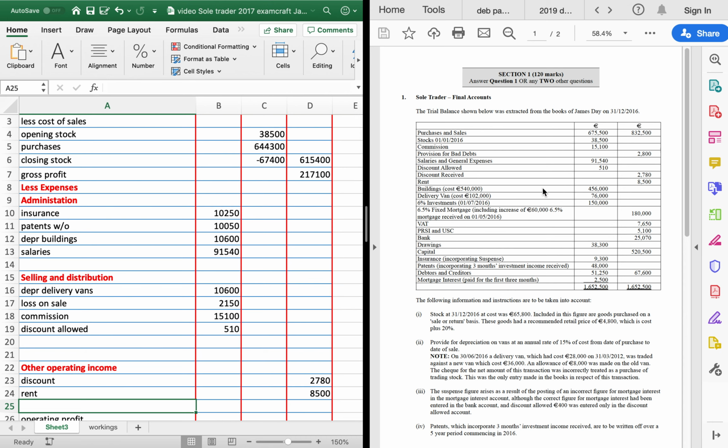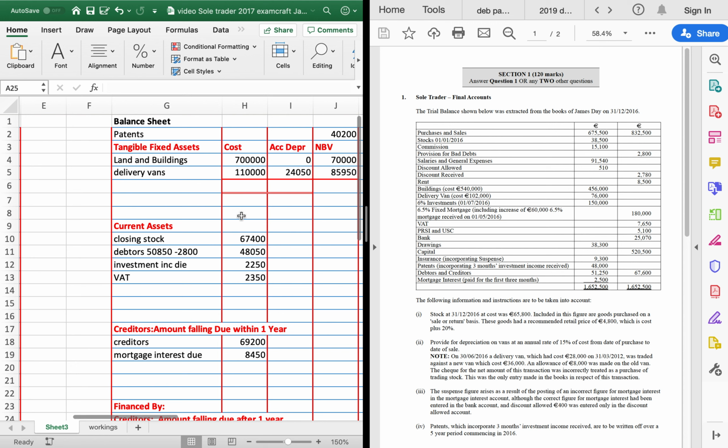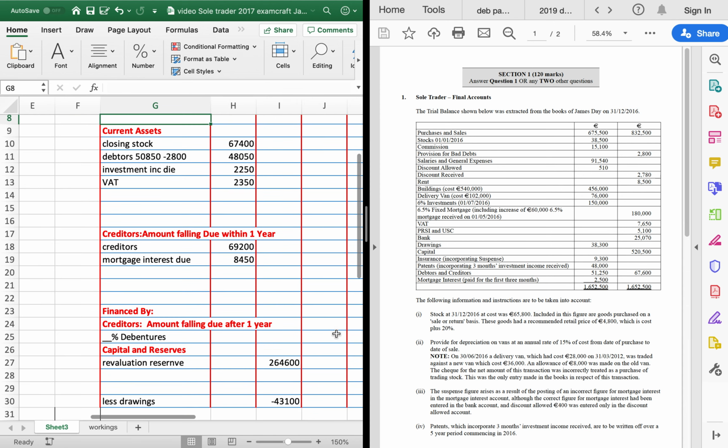Okay, buildings is done, delivery vans is done, investments can go straight in, 150 into your balance sheet. The mortgage of 180, and don't call it a debenture, it's not.